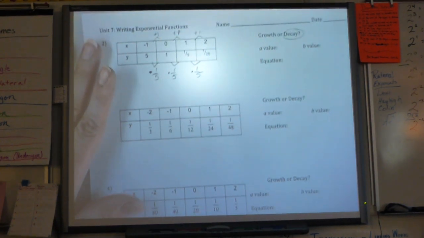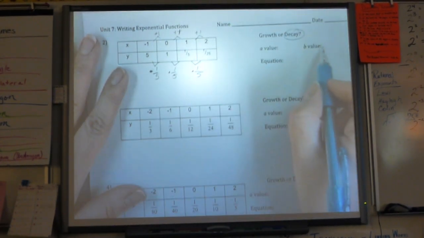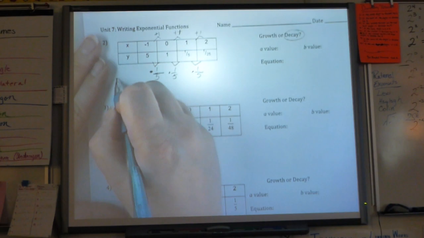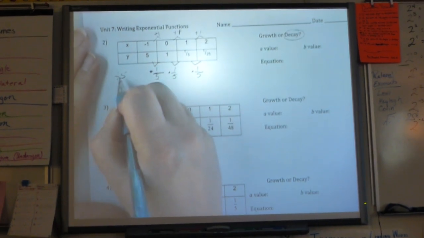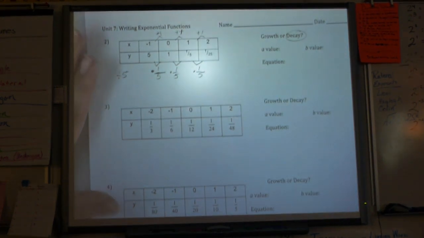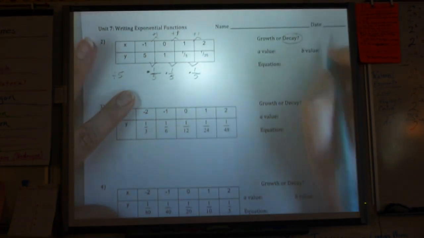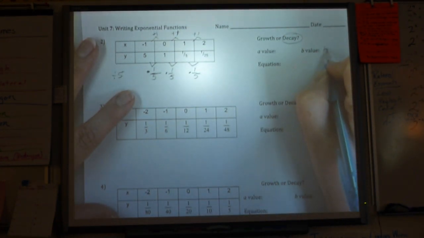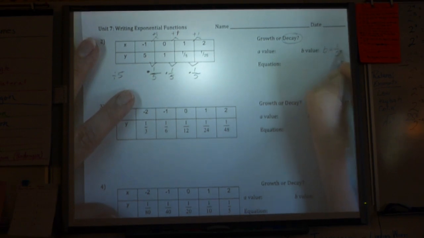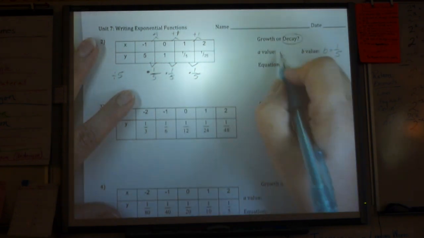So what's our base value? These are always factors, so instead of dividing by 5, we multiply by the reciprocal, times 1/5. Dividing by 5 is the same thing as multiplying by 1/5. So what is our b value? 1/5. And what's our a value? Our starting amount is 1.